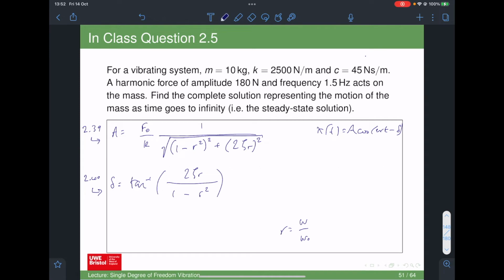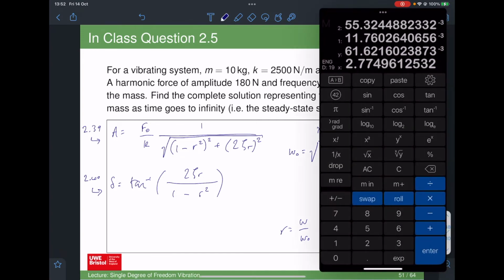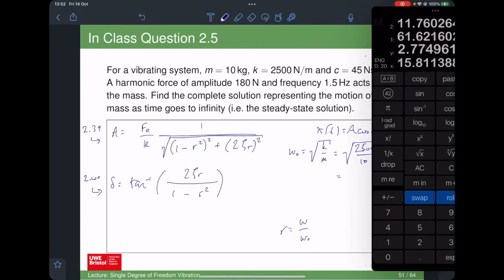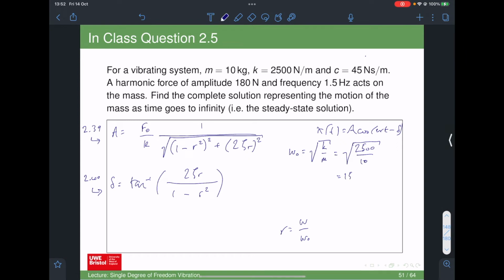I'm going to work out omega naught first. That's root 250, which is 15.8114.